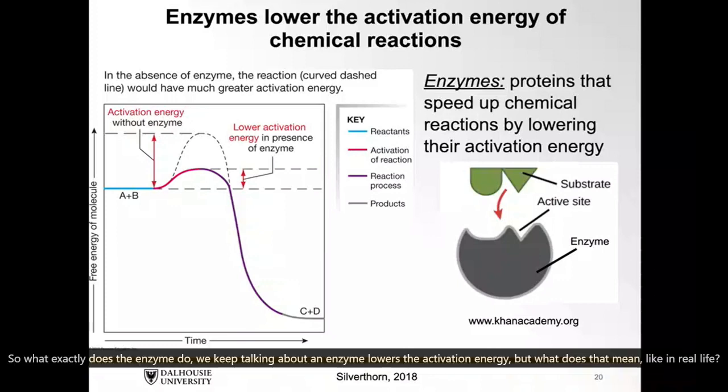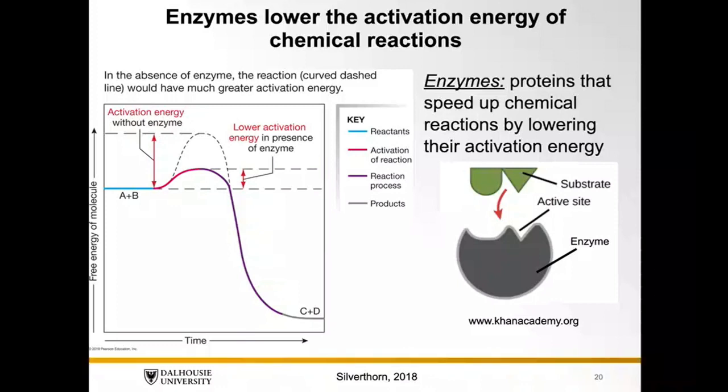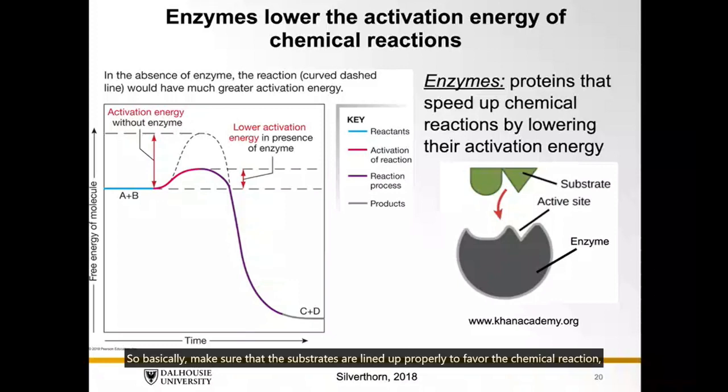So what exactly does the enzyme do? We keep talking about how an enzyme lowers the activation energy, but what does that mean in real life? So the answer depends on the enzyme. Some enzymes will speed up chemical reactions by bringing both substrates in the right orientation. So they'll basically make sure that the substrates are lined up properly to favor the chemical reaction. Other enzymes will create an environment where it's more likely that the reaction will occur.